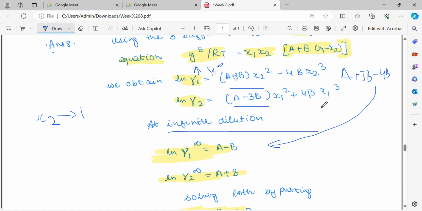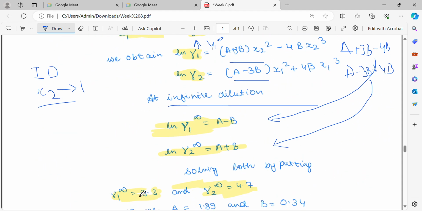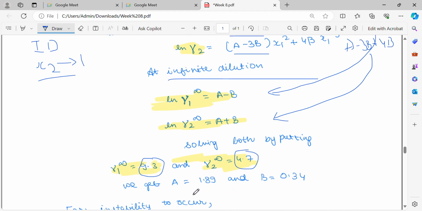Gamma 2 in the same way: x2 tends to 1 because infinite dilution is there, so a minus 3b plus 4b equals a plus 4b. Solving both with the given values 9.3 and 4.7, we get a equals 1.89 and b equals 0.34.